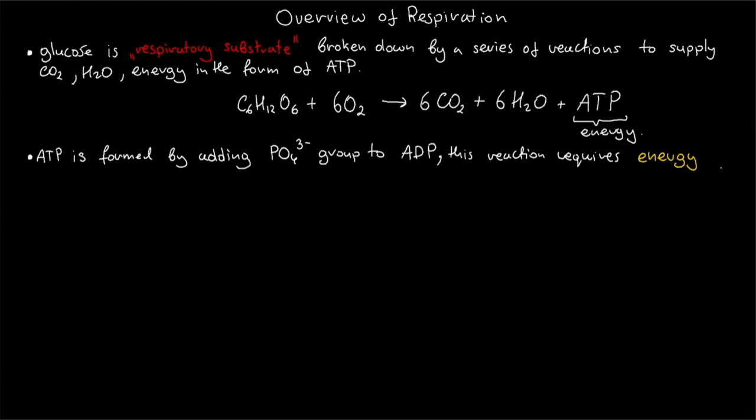Generally, all the energy that is trapped inside of the chemical bonds in organic molecules comes from the sun. The process of storing this energy inside of the organic molecules is called photosynthesis, which forms biomass. Biomass consists of organic molecules such as sugars, fats, amino acids, or nucleic acids.